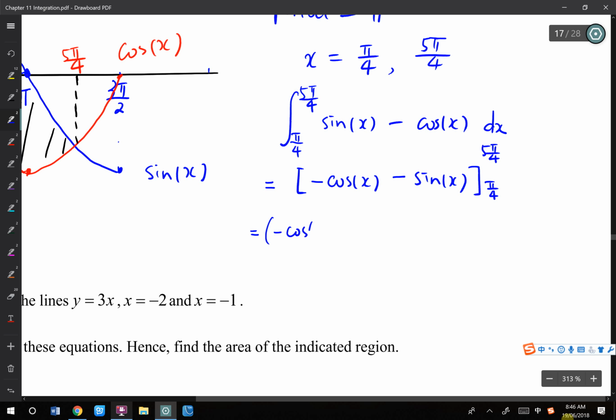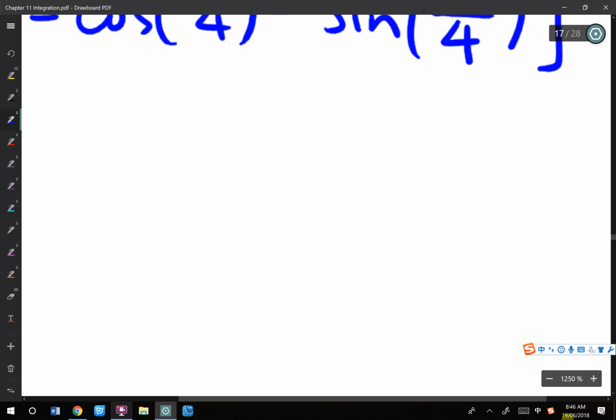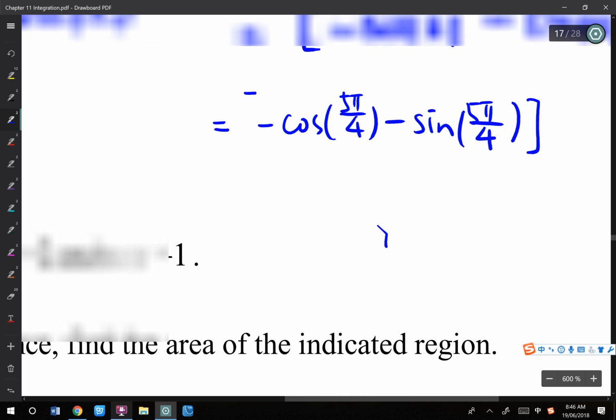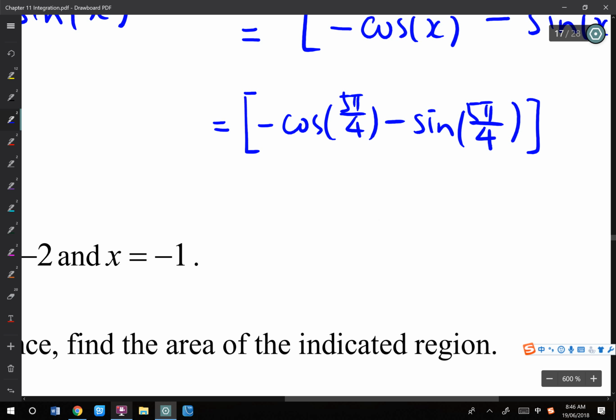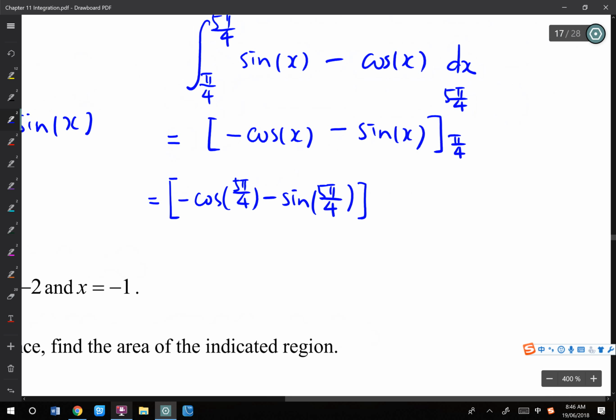It's minus cosine 5 pi on 4 minus sine 5 pi on 4. Okay, so that's the first substitution, and minus the second substitution, which is minus cosine pi on 4 minus sine pi on 4.